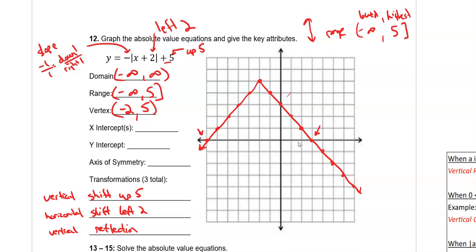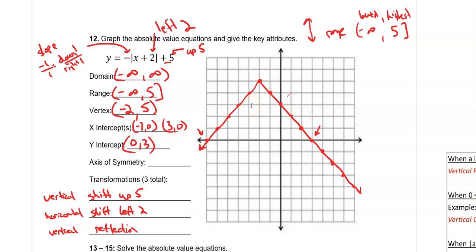So this one's at negative 1, 2, 3, 4, 5, 6, 7, negative 7, 0. And this one is at 1, 2, 3, at 3, 0. All right. My y-intercept is at 1, 2, 3. Y is 3, so it would be 0, 3.